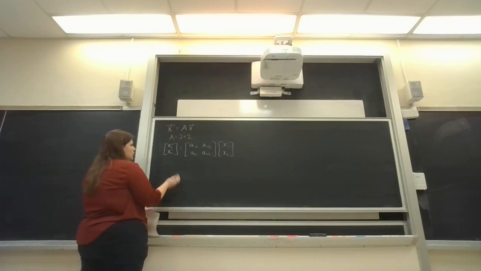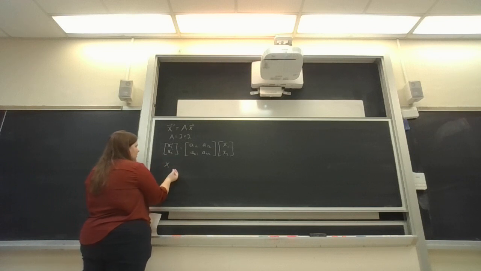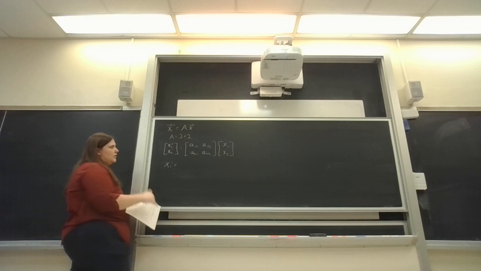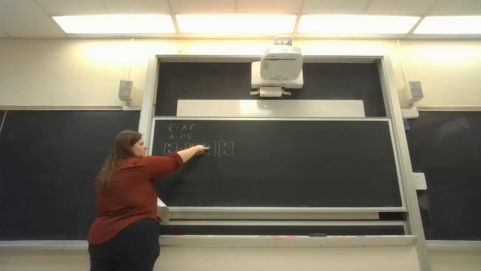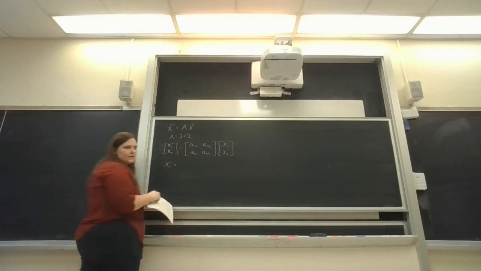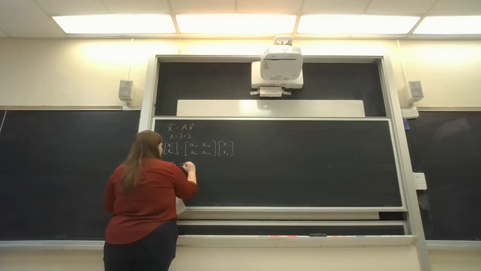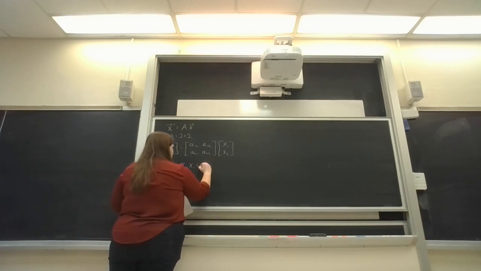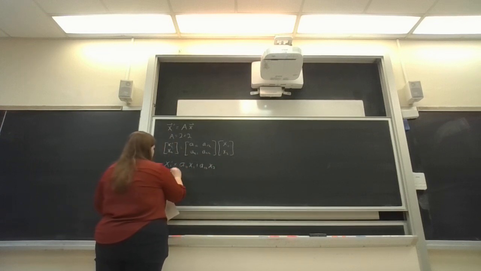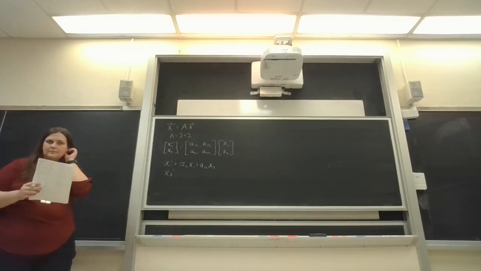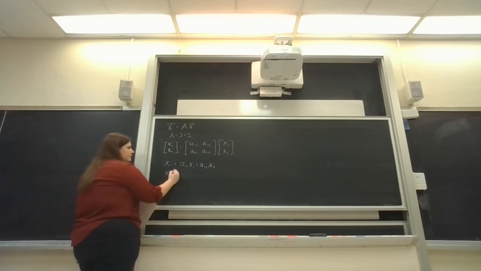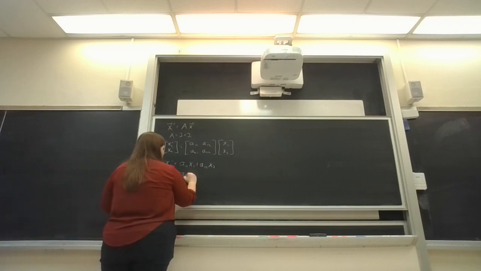And then if I wanted to write this out, I could say x1 prime equals my first row dotted with my vector, right? So I've got a11 x1 plus a12 x2. Can someone give me x2 prime? A21 x1 plus a22 x2.